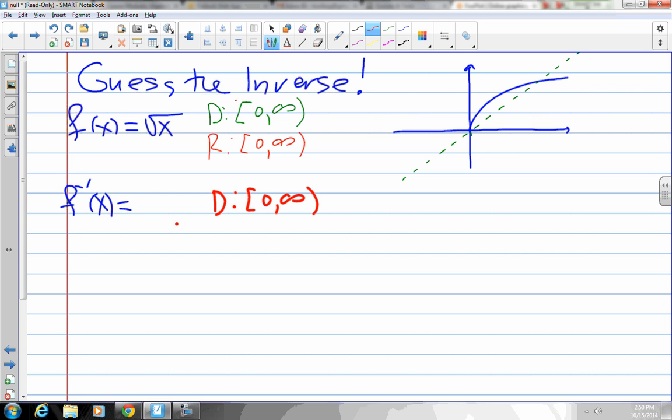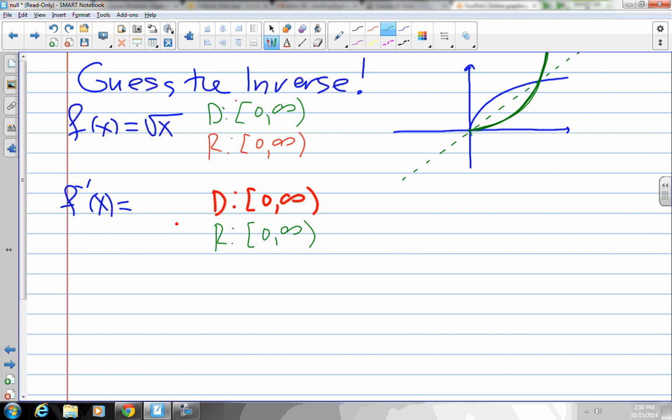The range became the domain, and the range of this function is from 0 to infinity. And this has got to be the graph of that function. What does that look like? It's the same shape as the square root of x, only flipped sideways.